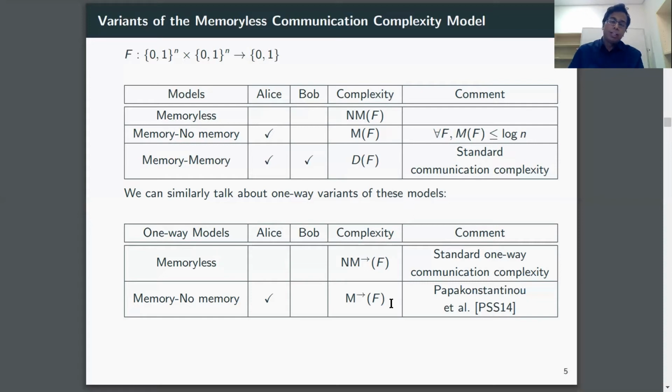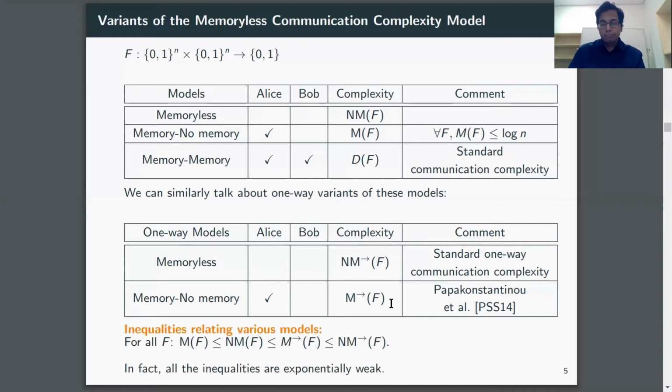So we can have all such different variants by choosing whether Alice and Bob can have memory or not. Okay, note the inequalities relation between all these different variants of the model.